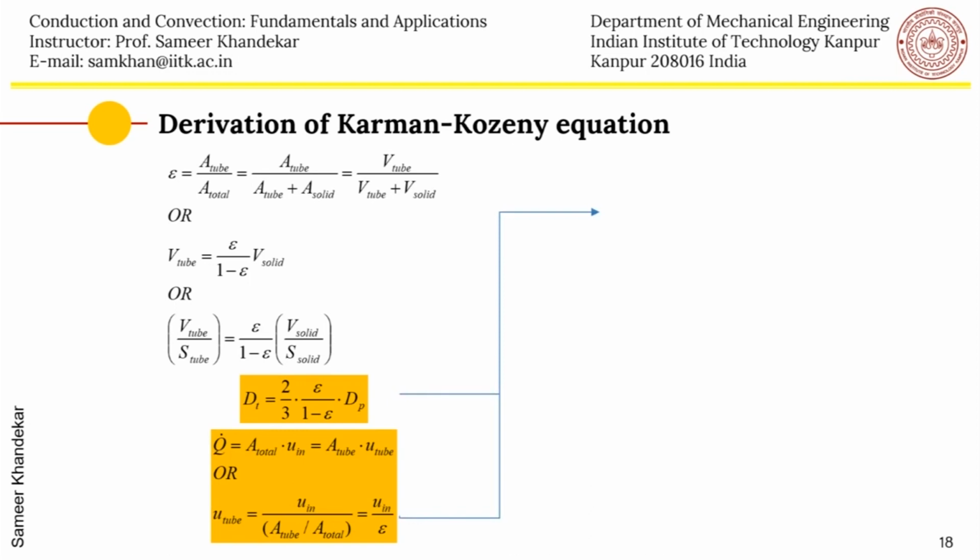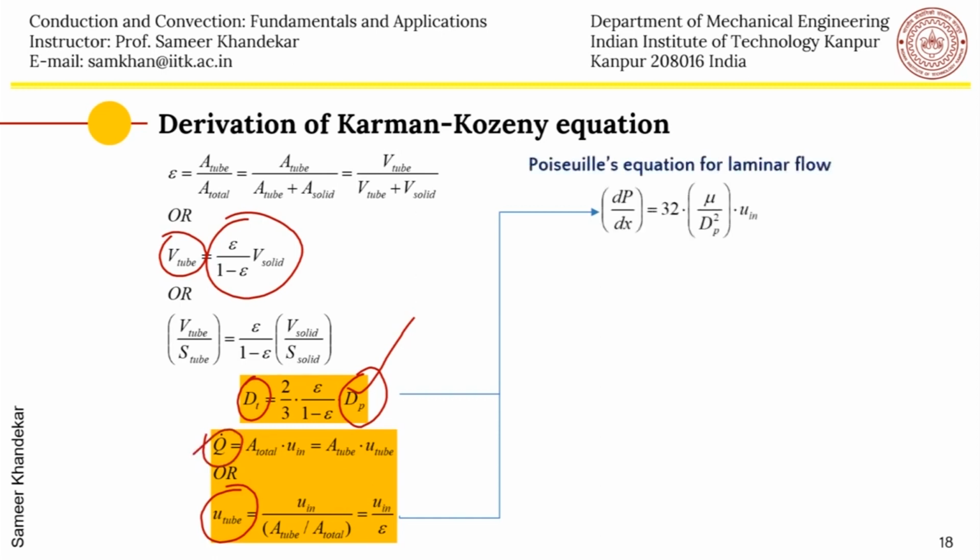We can now use the Poiseuille equation for laminar flow, which you already know, which comes from the application of the simplified Navier-Stokes equation to pipe flow. The difference now is that since the velocity inside the porous media is not known, and we have to work with the superficial velocity, we will multiply by L dash upon L, where L dash is the average length which the particle travels inside the porous media, and L is the length of the porous media.